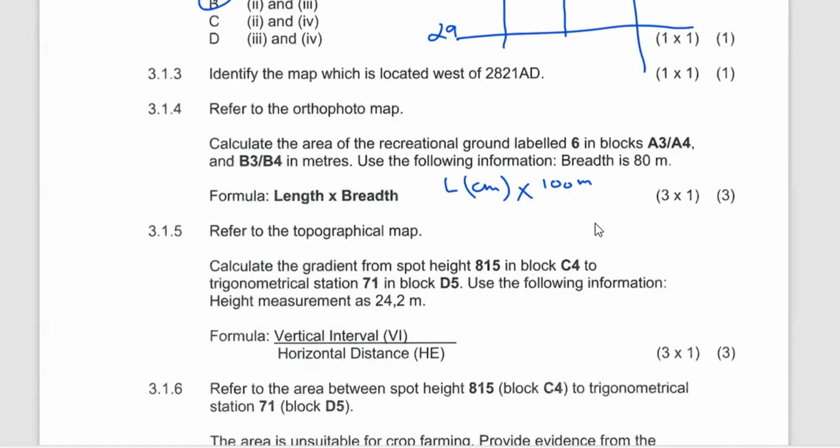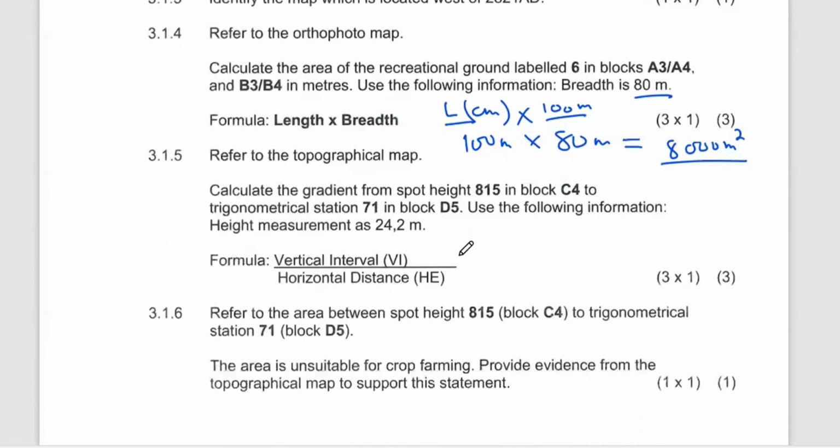Your breadth is already given in meters, so you need to convert your measurement to meters. According to our calculation here, I've got the length as 100 meters, which is multiplied by 80 meters. That is going to give you 8,000 square meters as the area of that recreational ground.